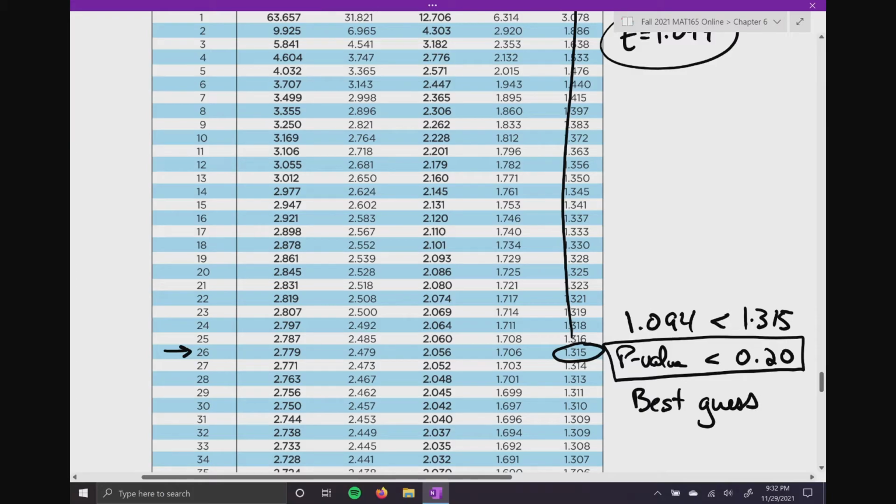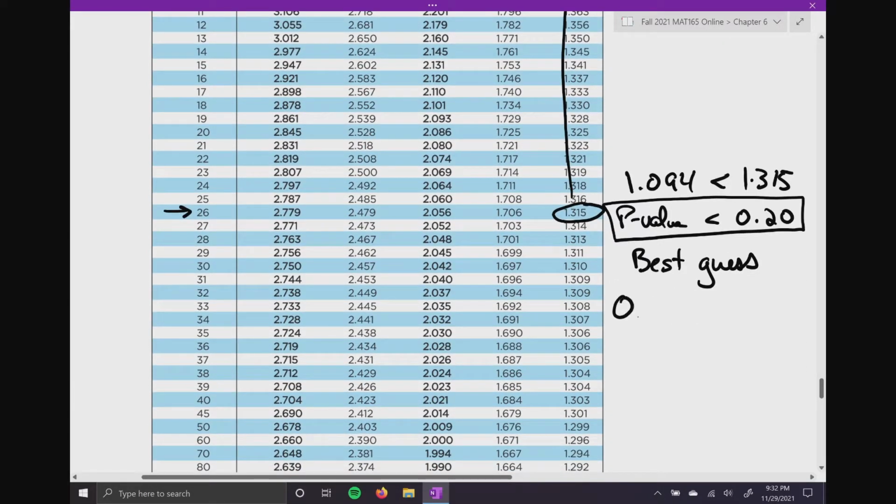Now, the thing that we really got to be careful about is that since we are guessing this, we have to write something that says, okay, our best guess is our p-value is going to be less than 0.2, but it's going to be greater than 0.05.